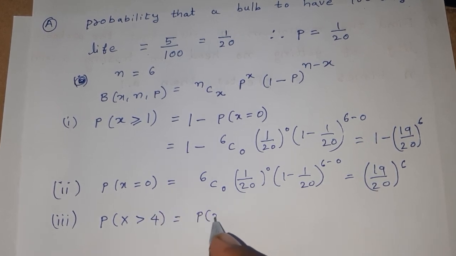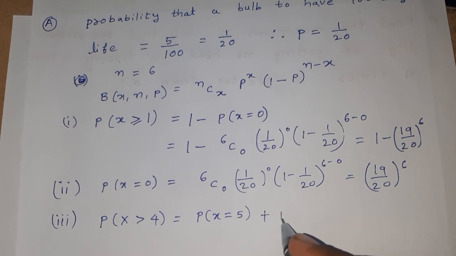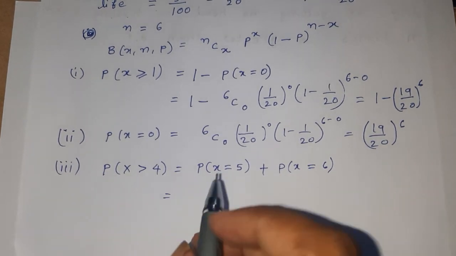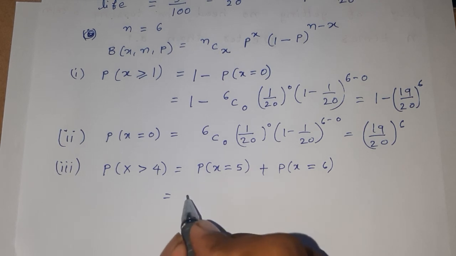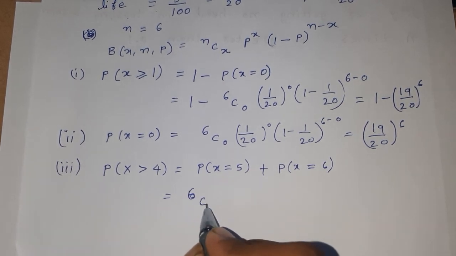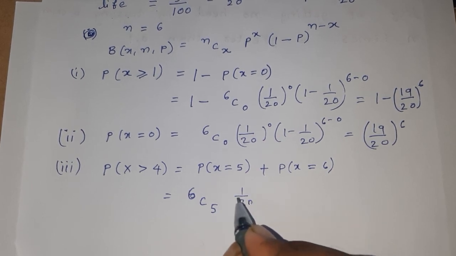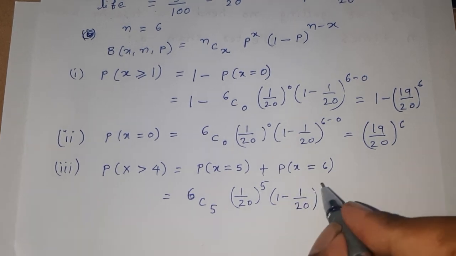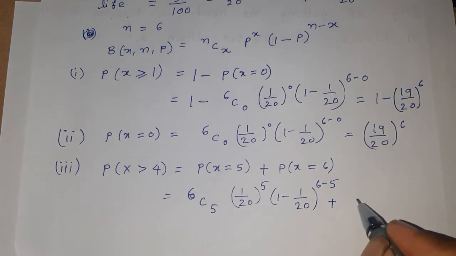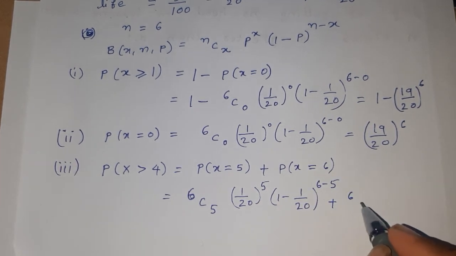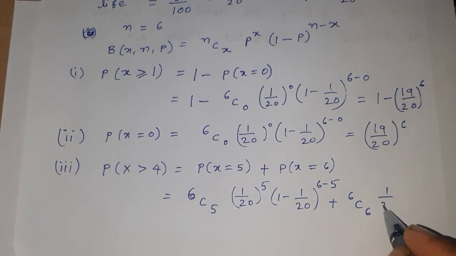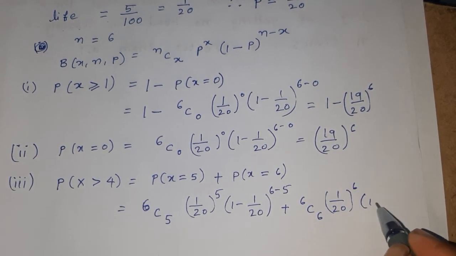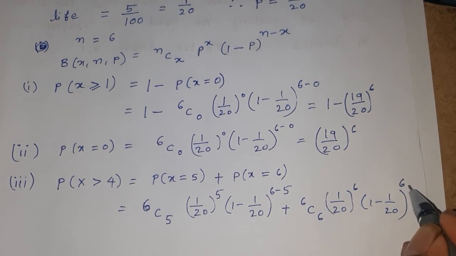That means P(x=5) successes plus P(x=6) successes. P(x=5) means 6C5 (1 by 20) to the power 5 (1 minus 1 by 20) to the power 6 minus 5, plus x equal to 6 successes, 6C6 (1 by 20) to the power 6 (1 minus 1 by 20) to the power 6 minus 6.